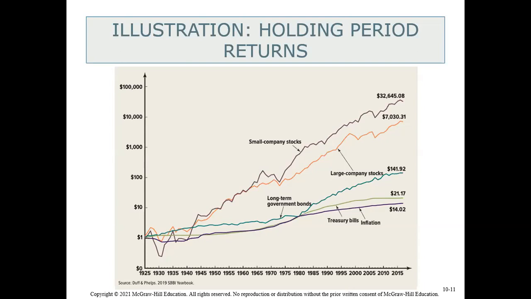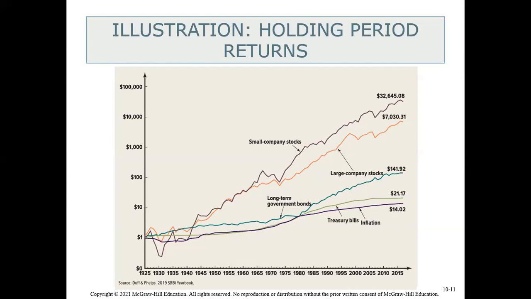So you can see the type of growth that has occurred on these, but you can also see the line to get there and how jagged some of them are, like the small company stock. It goes up and down and up and down as it's going up towards that 32,000. Large company stocks has a jag in it, but not as extreme as small company stocks.